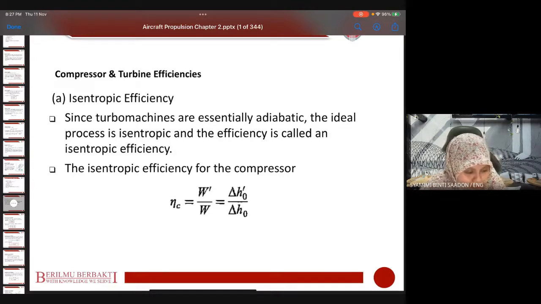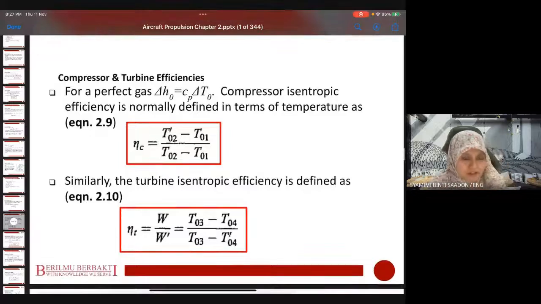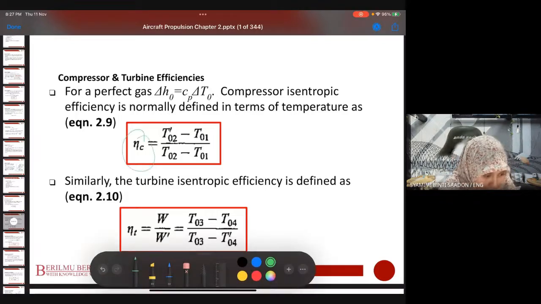Okay, so for example compressor. The isentropic efficiency of the compressor is written as eta C, that symbol. So we know that in compressor there is no heat transfer, adiabatically, but there is a work being used.